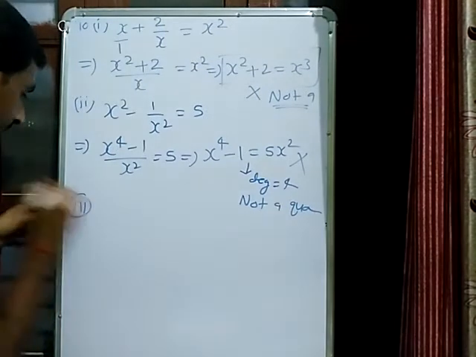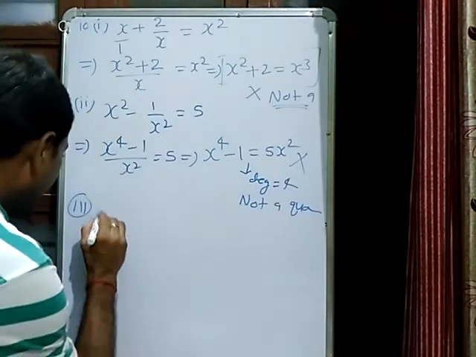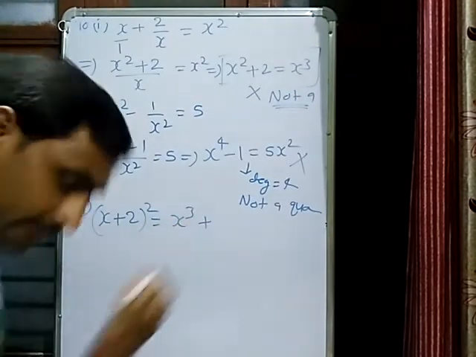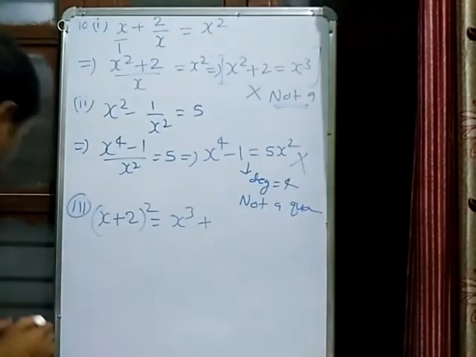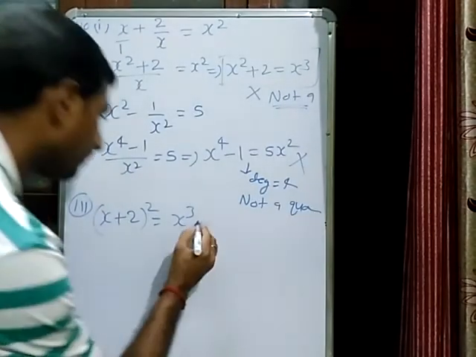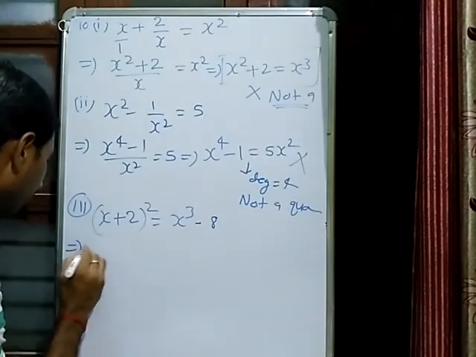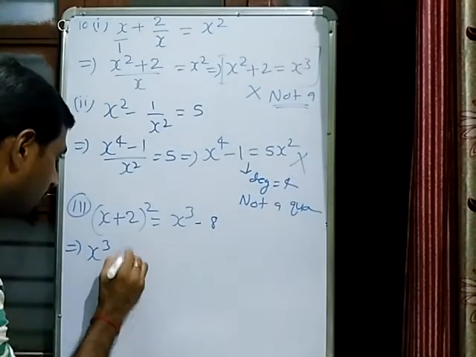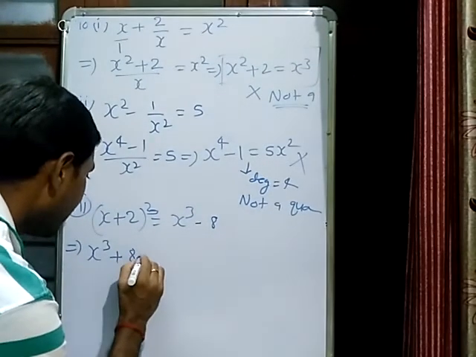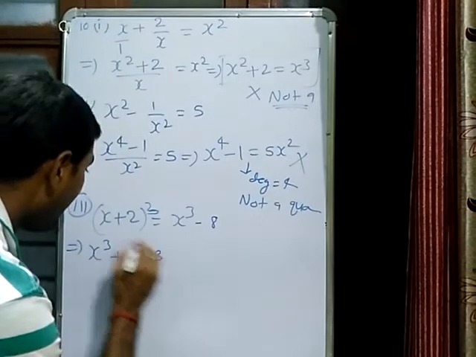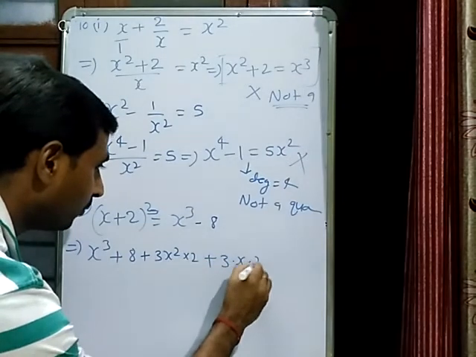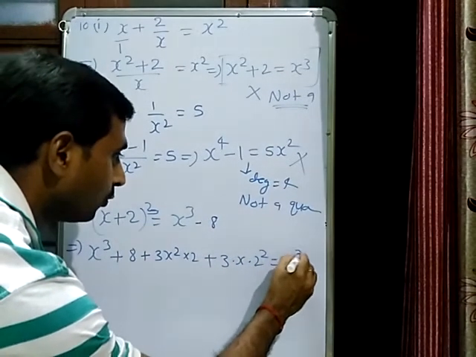Third part of this question is given x plus 2 the whole cube is equal to x cube minus 8. Expanding the whole cube, a cube plus b cube, that is x cube plus 8 plus thrice of a square into b plus thrice of a into b square is equal to x cube minus 8.